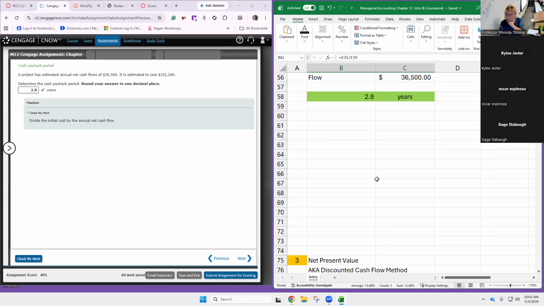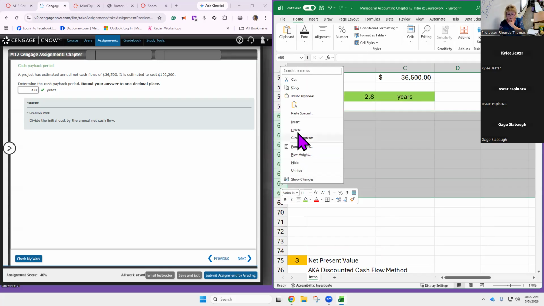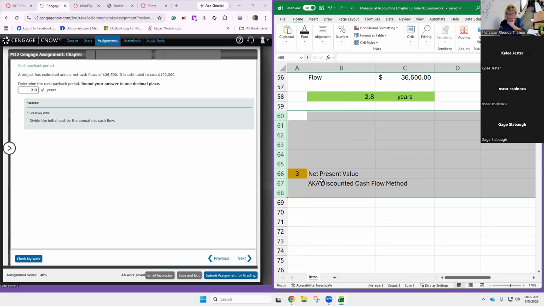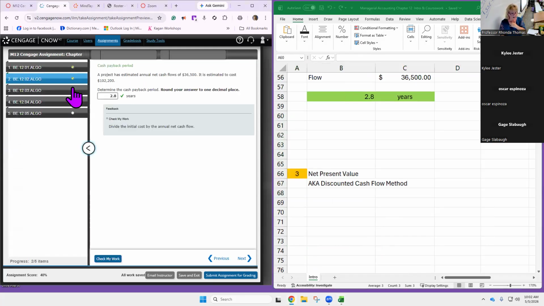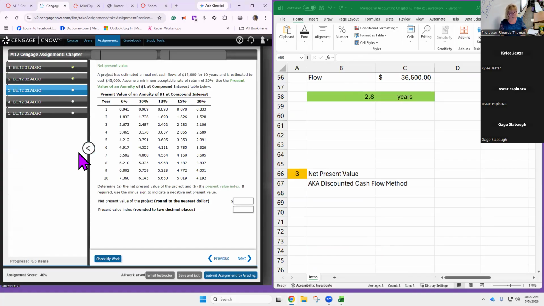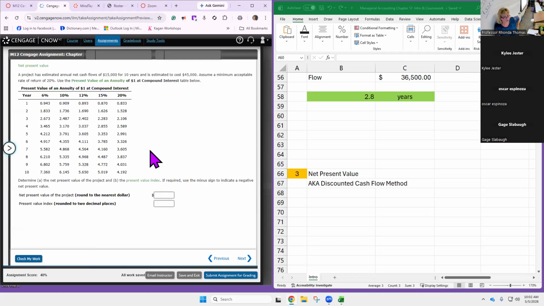Now we're going to cross over into using the other two methods that do include net present value. So if you'll give me just a second here, I'd like to show you a problem and how it's worked, so that we know how this goes.